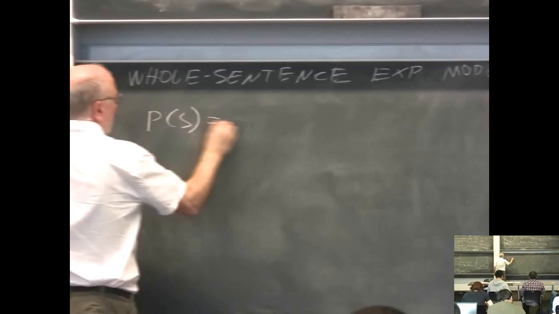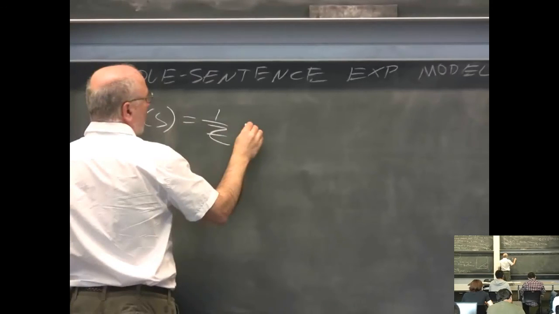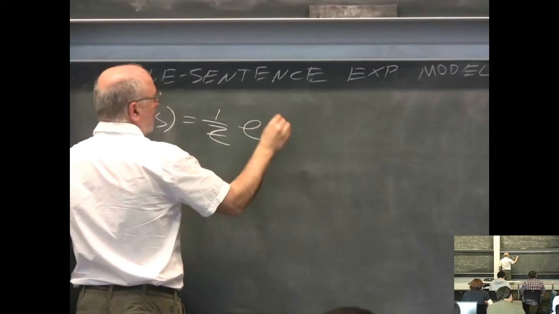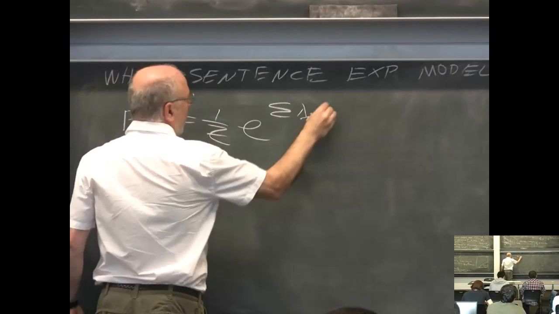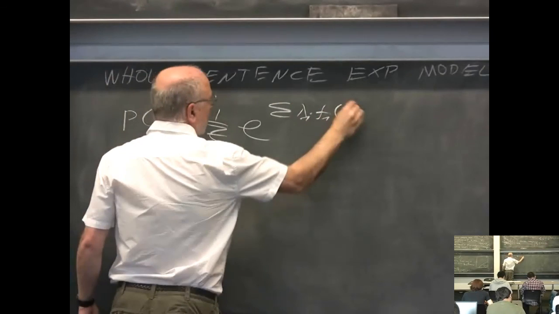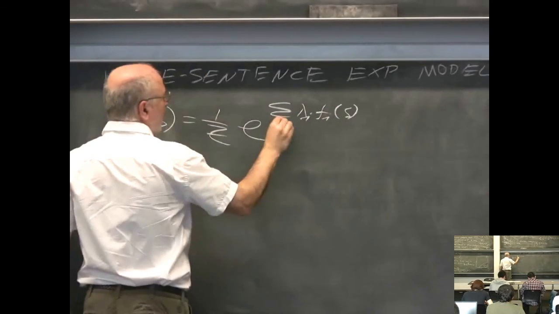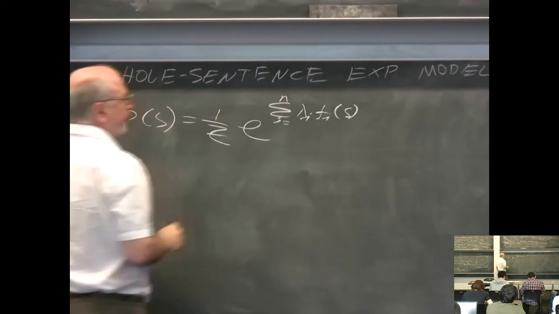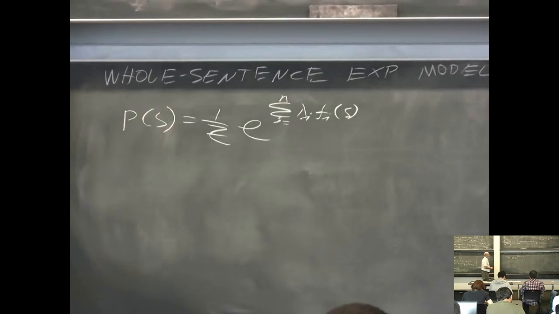The model is 1 over Z e to the power of the sum of lambda i f i of S, where i goes from 1 to n. This is the entire model.